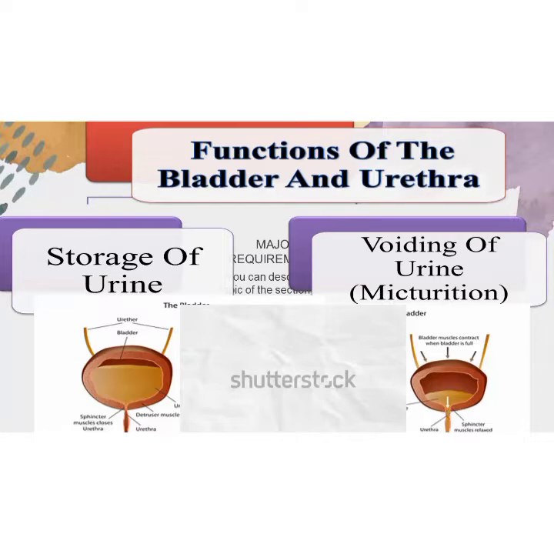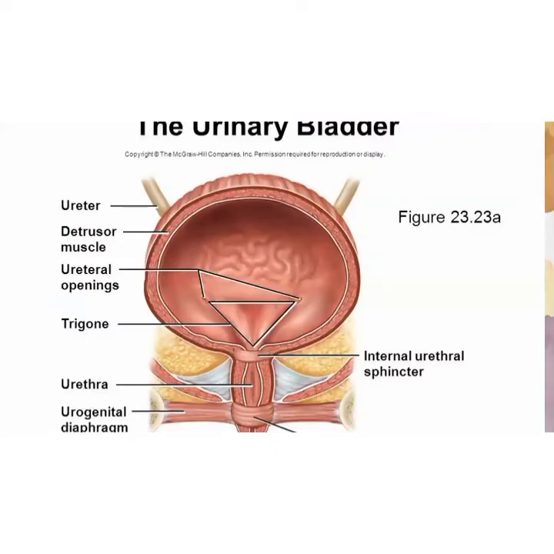It is a muscular reservoir of the urine, and the urinary bladder lies in the anterior part of the pelvic cavity. We know that. A very important and peculiar structure is the presence of the detrusor, which is a muscular component, and it is the important feature present in the urinary bladder.